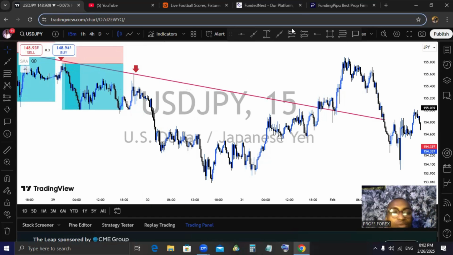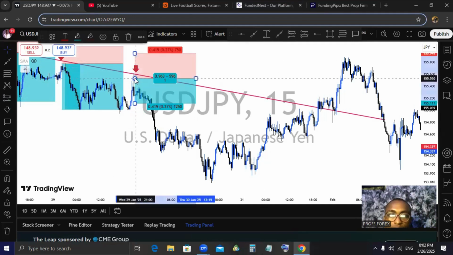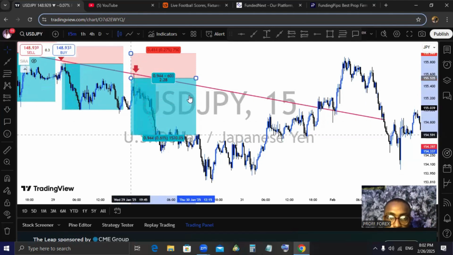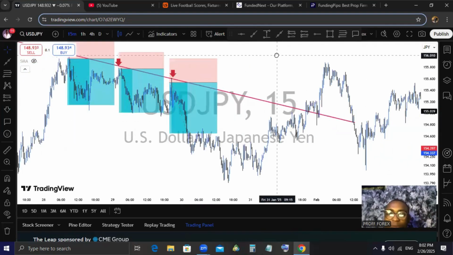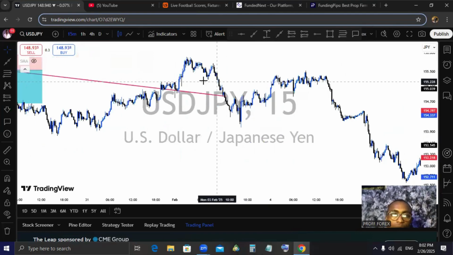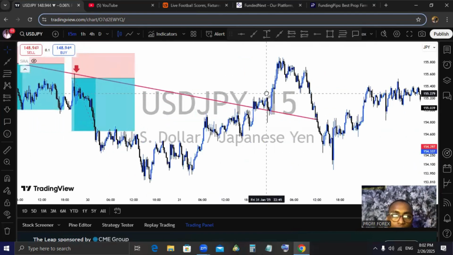So come to this zone here. We have to look for a sell. So this is how it is. Let me see for instance. Because this is the trendline that will still sell from this zone.